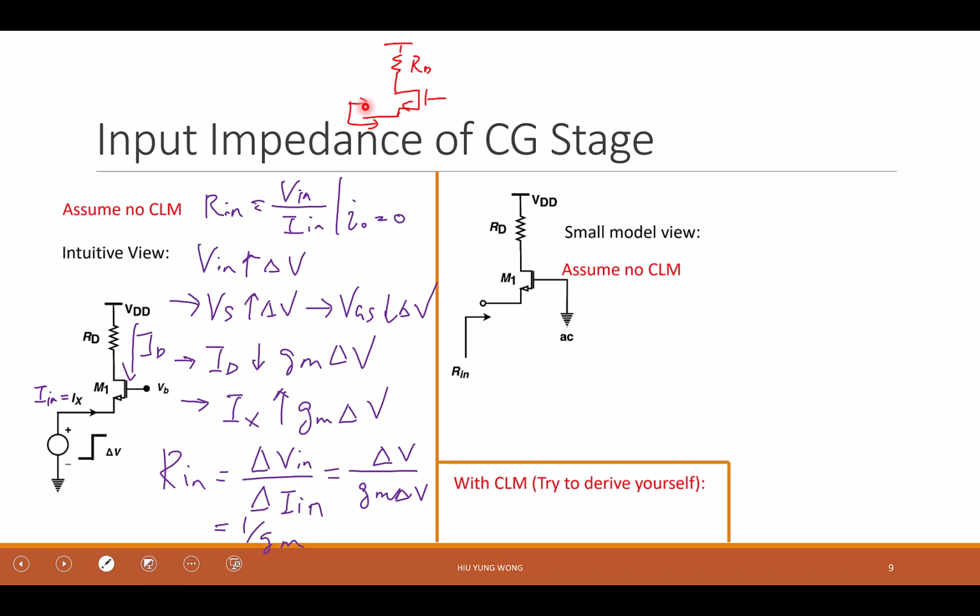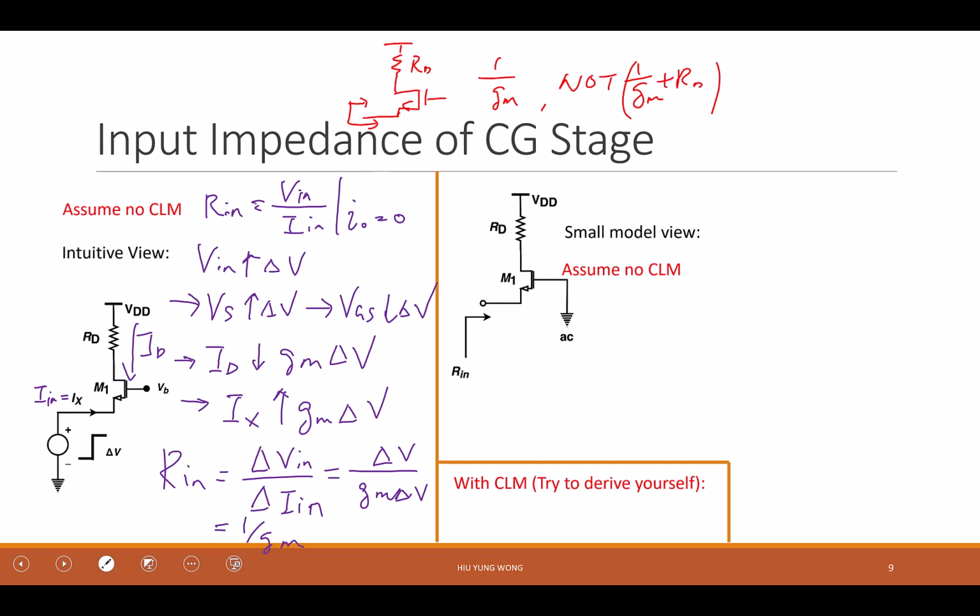What is the input impedance to here? This one is equal to 1 over Gm, not 1 over Gm plus Rd. Why is that? Because if you solve the small signal, you get that.